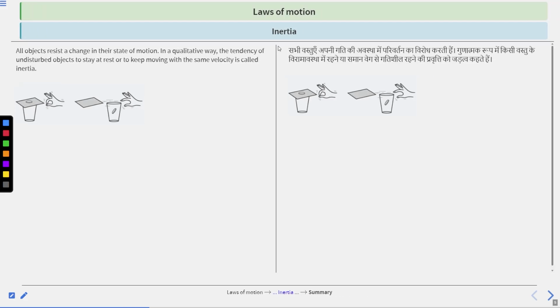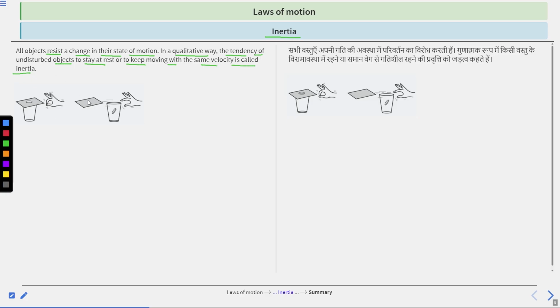Next is inertia. So the question arises, what is inertia? All objects resist a change in their state of motion in a qualitative way. The tendency of an undisturbed object to stay at rest or to keep moving with the same velocity is called inertia.